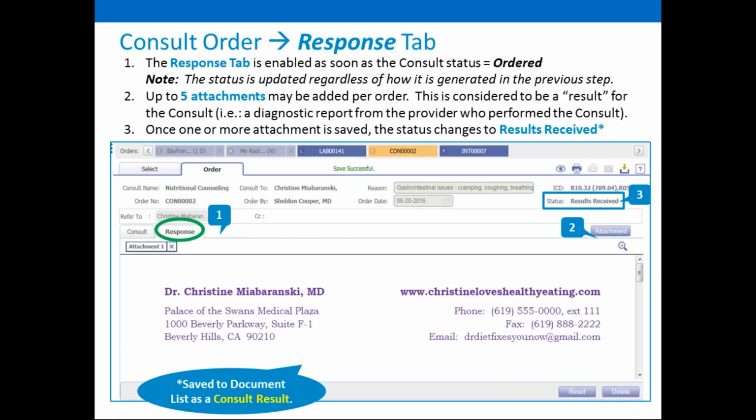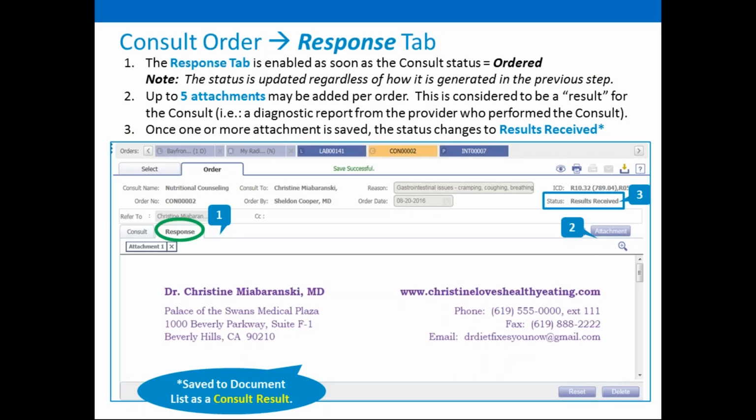Now that response tab is for when you start getting results. In your current version, there's no means of tracking a consultation or a referral, whether that patient has had anything done yet. Maybe the patient was here last month. You said, I need you to go get a dietary consult so that I can determine your course of care. And you don't know if they ever did. And now they're coming back in for a follow-up visit.